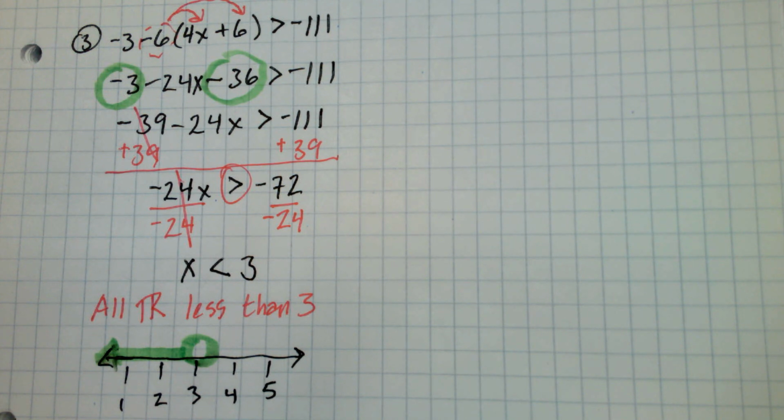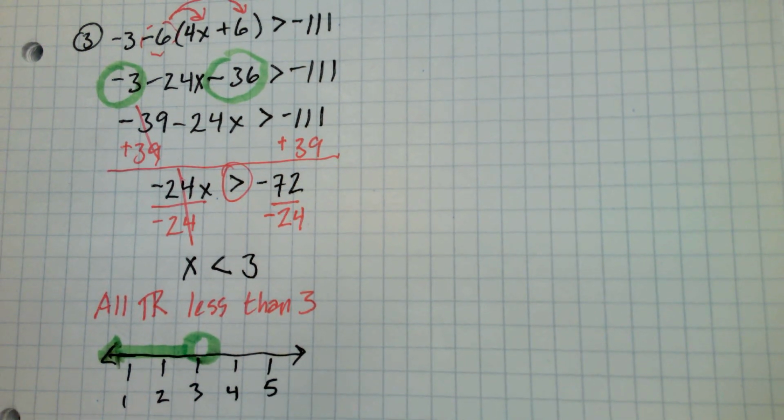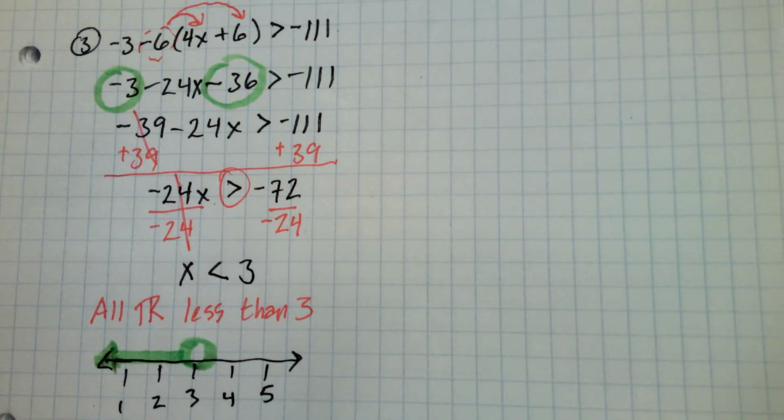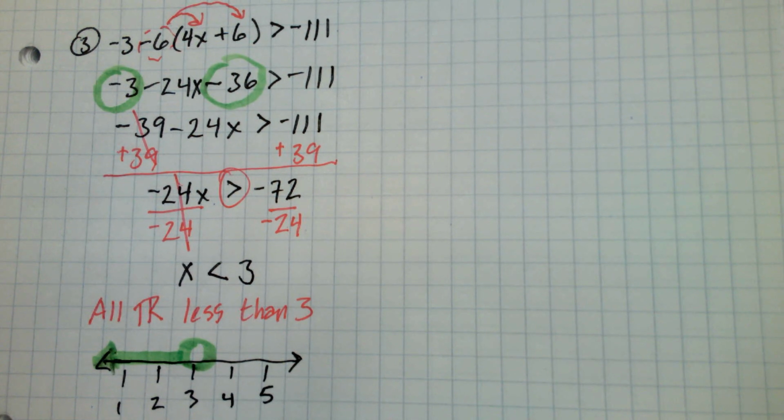So we've just about hit everything we could possibly have, right? Going through the equations we've solved in the past that were multi-step, we've had just combining. We had one where we had to multiply because it was a fraction. That was number 2.